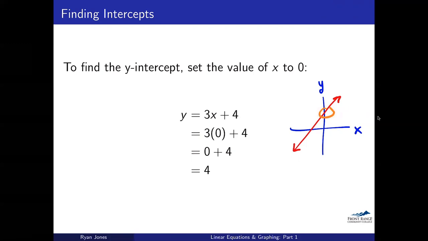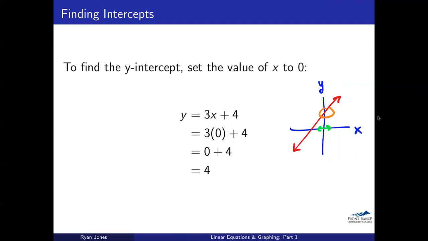So for this red line, we've got this circled in orange right here, the y-intercept. As you can see, that y-intercept is going to occur when my x is equal to 0. I don't want to move at all left or right. I just want to start right here at the origin, stay where I am in the horizontal direction, and move straight up to that y-intercept.